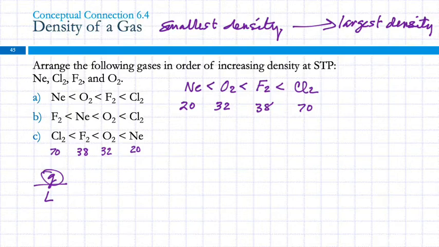So without examining these choices, I wrote down what I think is the correct answer. And then I'm going to compare this to these letter choices and pick the one that matches. Right? So that's going to be A, right?